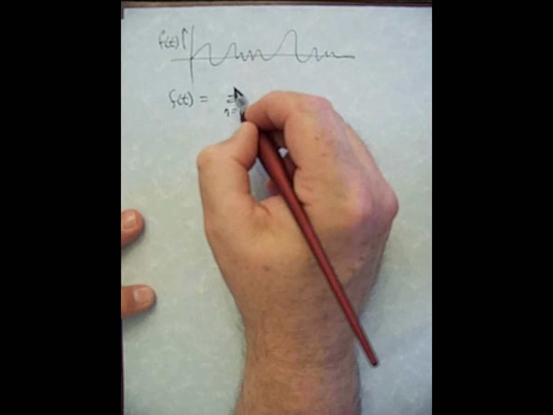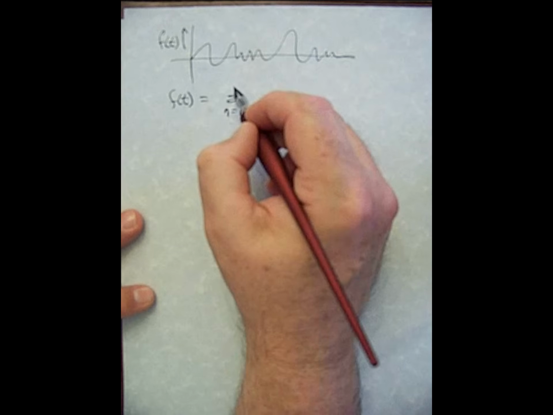Now, if our f of t happened to be a perfectly pure single note sine wave, then our f of t is simply a sine omega t, where again omega is the frequency of the sine wave, and a is its amplitude.